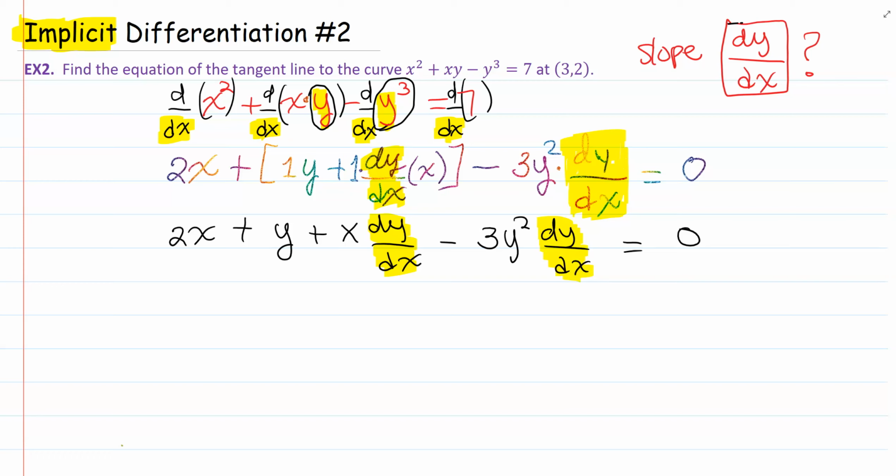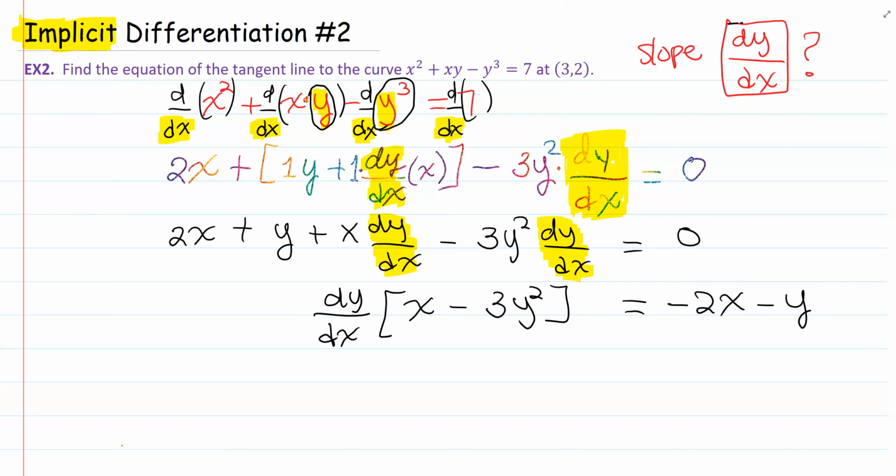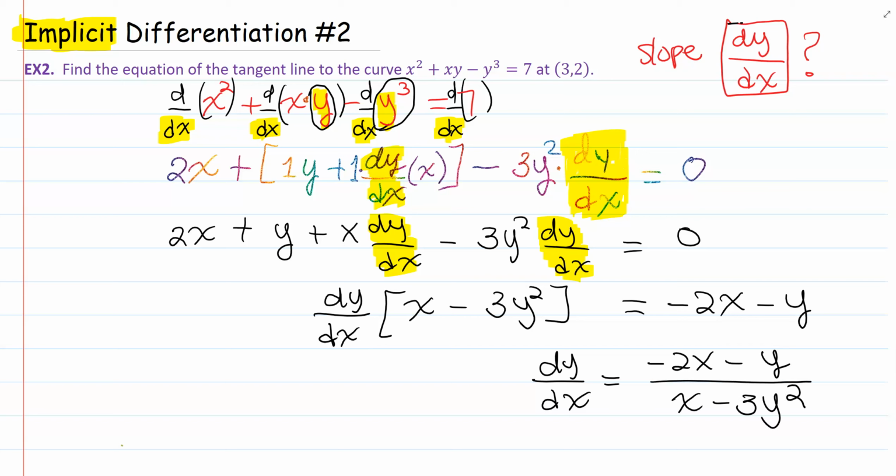Anything else without dy/dx will go to the other side, so negative 2x minus y. And then here we can factor out dy/dx, and this would be x minus 3y squared. So dy/dx will equal negative 2x minus y all over x minus 3y squared. And that is the derivative as we want it.